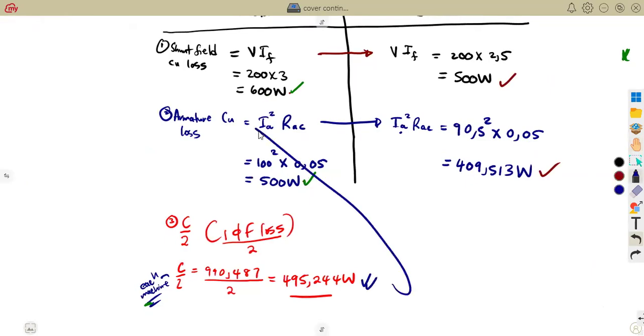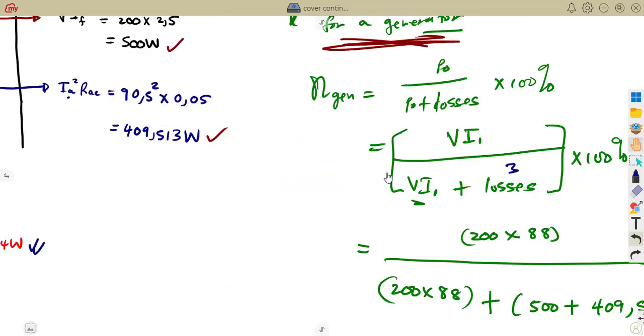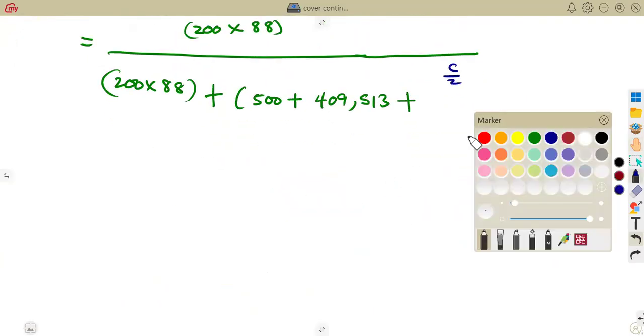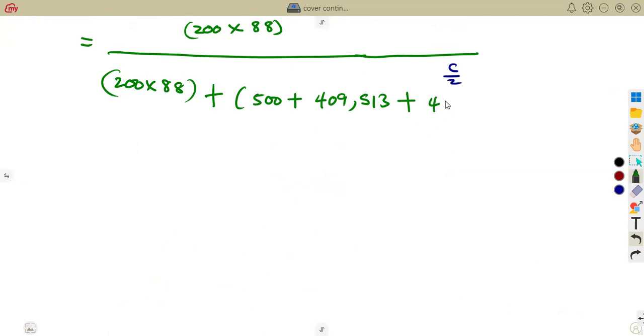You use it on a motor, you use it on a generator. So this one is the same. So that is our C over 2 for the iron friction and windage loss. Let us take this one and substitute into our formula. We are done. So that was 495.244.